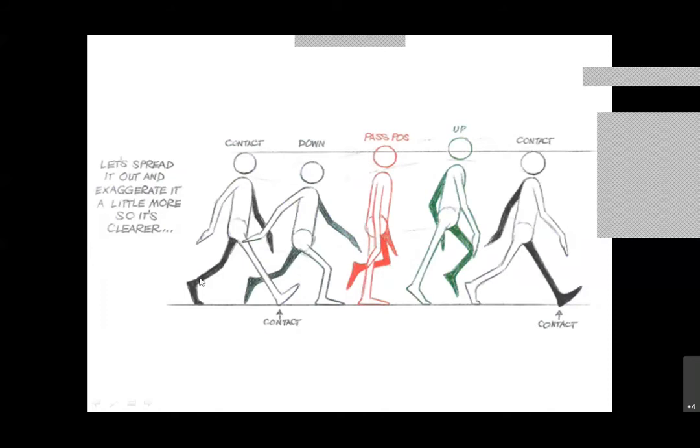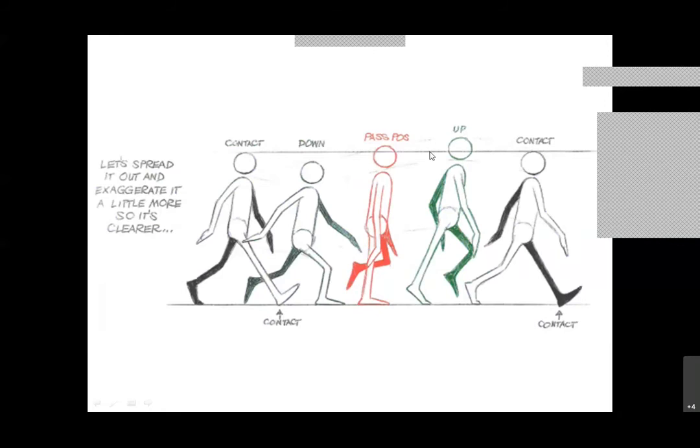Notice that they even differentiate the legs. This is the leg on the other side of the character, shaded like a shadow, and this is the other leg. So the hands are at the side, the second leg is crossing, and then this leg is planted down vertically.